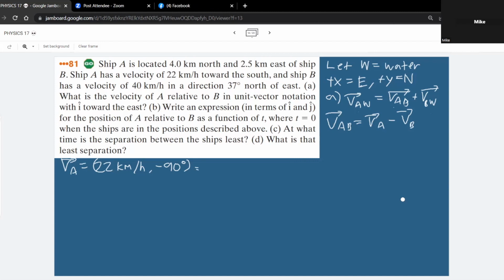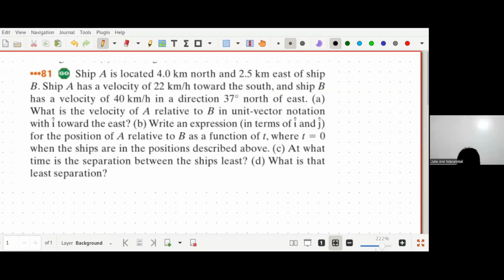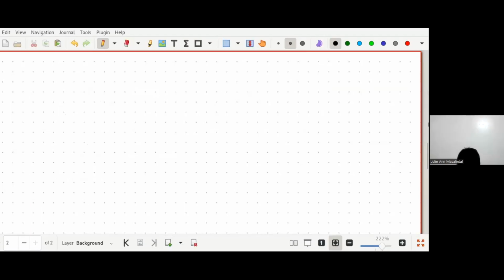Tapos pakita ko lang paano yung derivation ng relative velocity. So, let me share my screen.